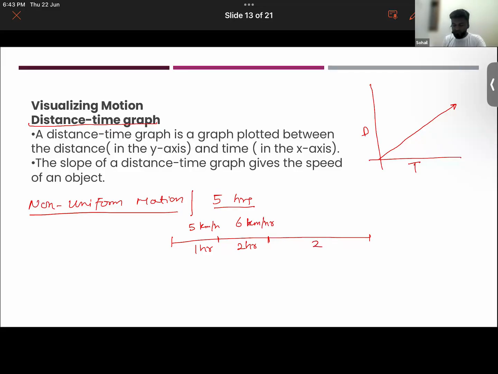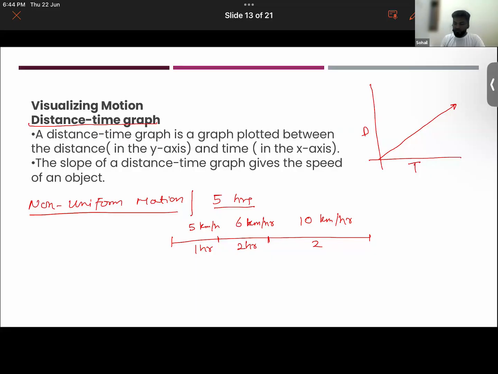And for the rest 2 hours, his speed was, let's say, 10 kilometer per hour. Then you see the time gap is not the same here. There is no equal interval of time, neither is there equal speed in the interval of time. So that is the case of a non-uniform motion. We say that when an object travels at unequal speed at unequal intervals of time, the body is doing a non-uniform motion, right?